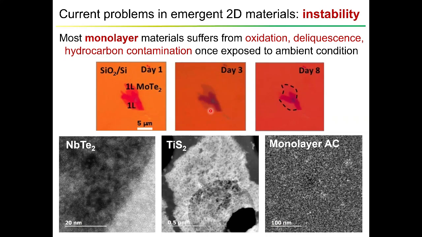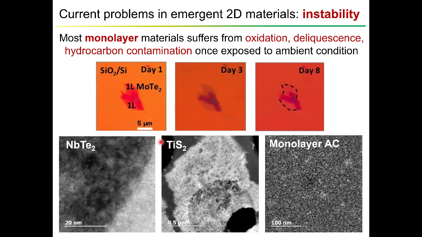After several hours in the air, the material degrades and you no longer observe any quantum phenomena in it. There are a lot of other examples, like titanium, niobium, etc. A lot of 2D materials are not stable in air.